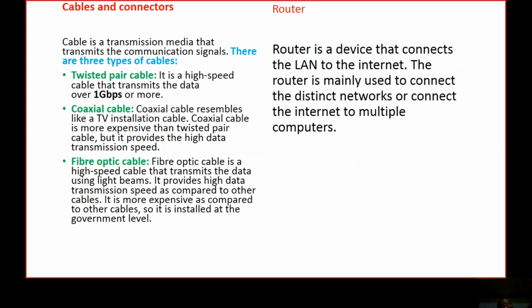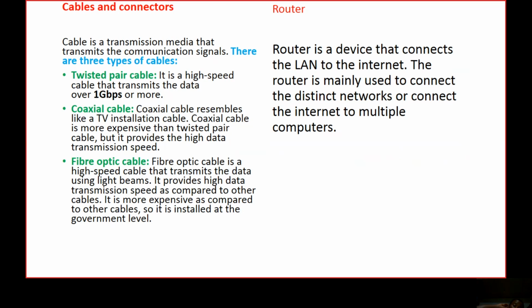Fiber optic cable is a high-speed cable that transmits the data using light beams. So it means the data or information is transmitted using light and provides higher data transmission speed as compared to the other cables.